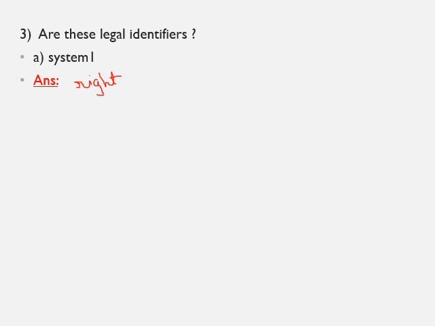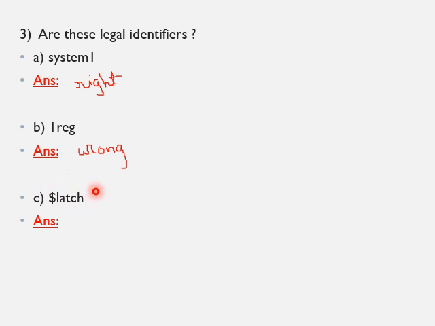Next, 1reg. This identifier begins with a number, so that's why it's an invalid value. So this is wrong. Next one is $latch.